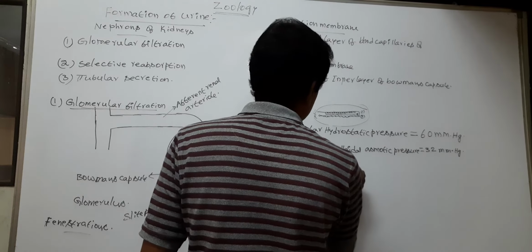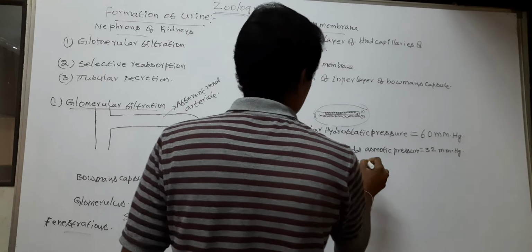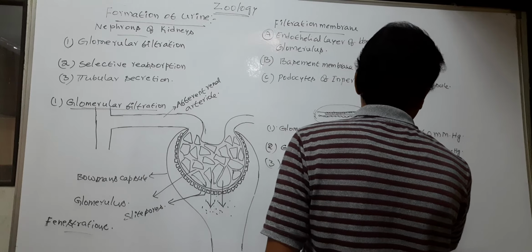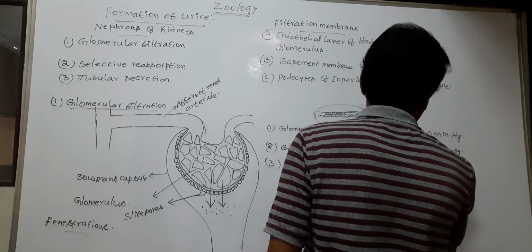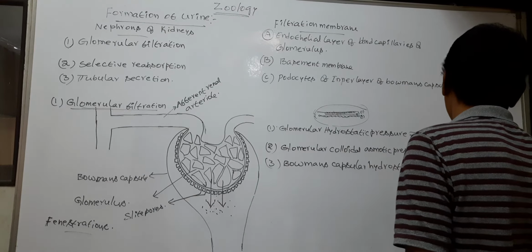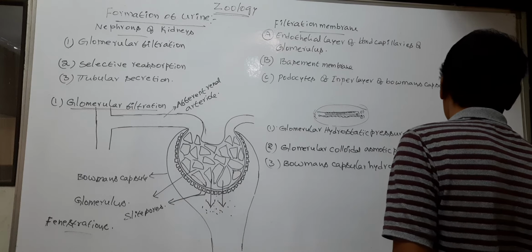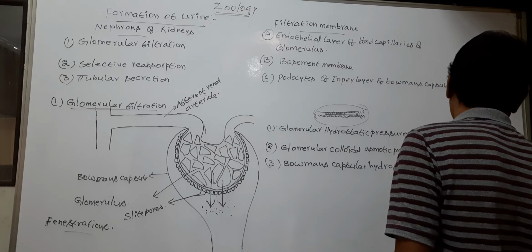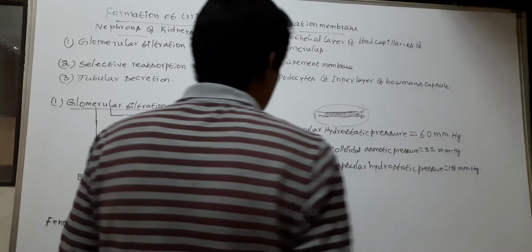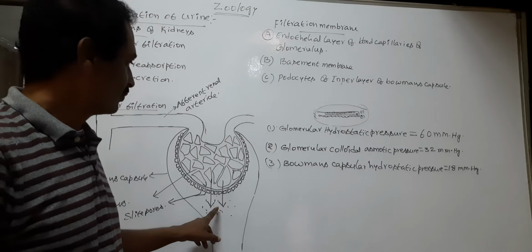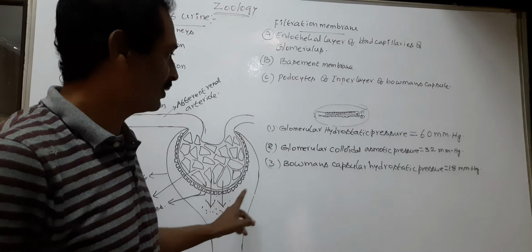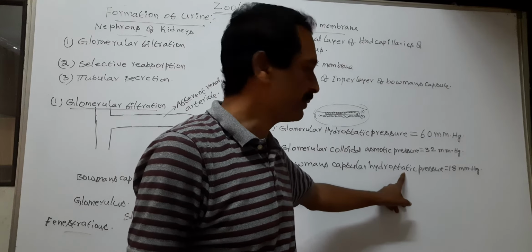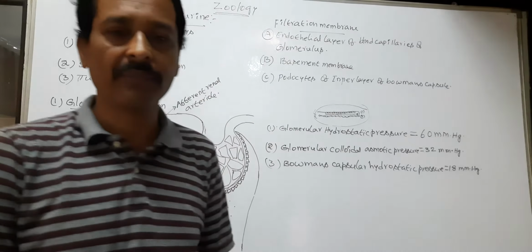It is 18 mmHg. So the fluid of the Bowman's capsule generates Bowman's capsular hydrostatic pressure. It is 18 mmHg.